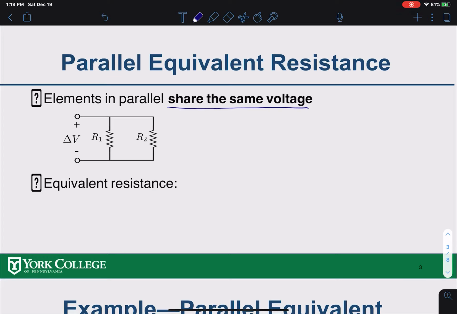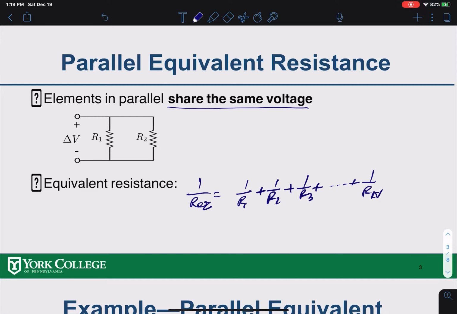The equivalent resistance for the parallel connection follows this equation: 1 over R equivalent is 1 over R1 plus 1 over R2, plus 1 over R3, all the way to 1 over Rn. All right, so that is the equivalent resistance for a parallel connection.